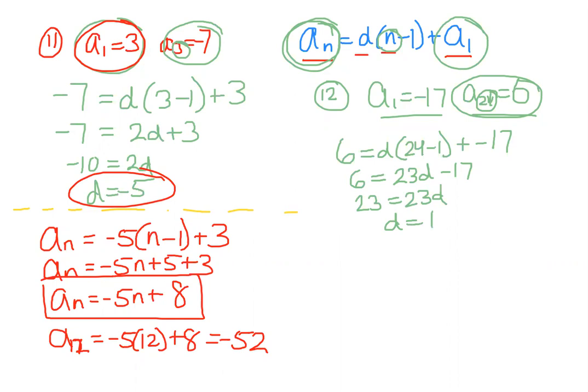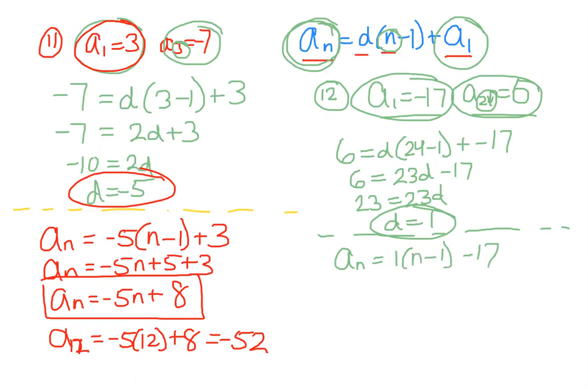So there's the first part of my equation. Now I can use this and this to write my rule. an is d times n minus 1 minus 17. Since d is 1, I don't really need to distribute that, and I just get an is n minus 18. And if I need to find a12, I just put a 12 in for n, and I get -6.